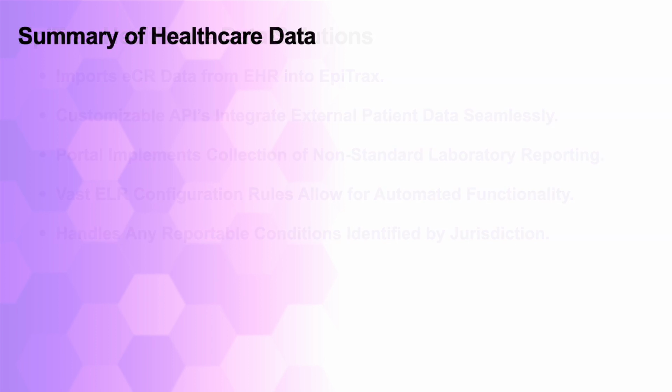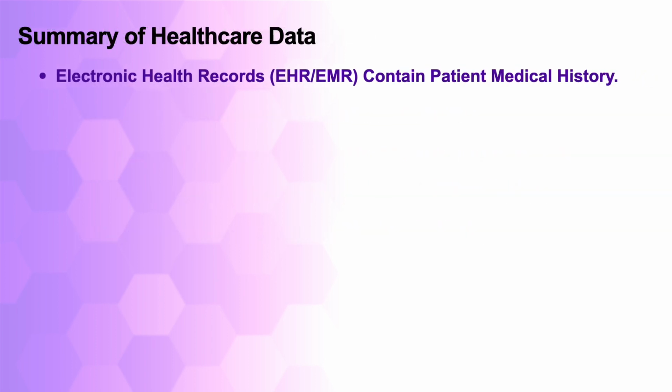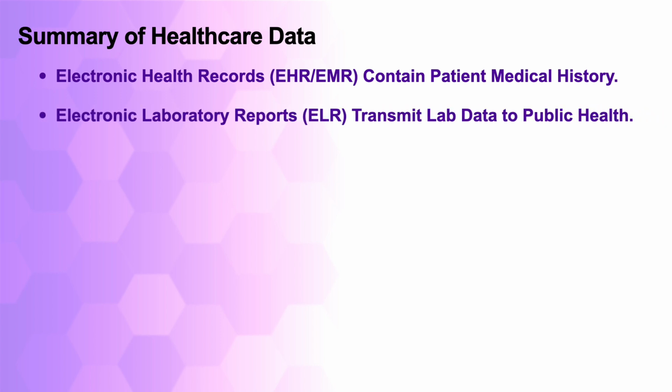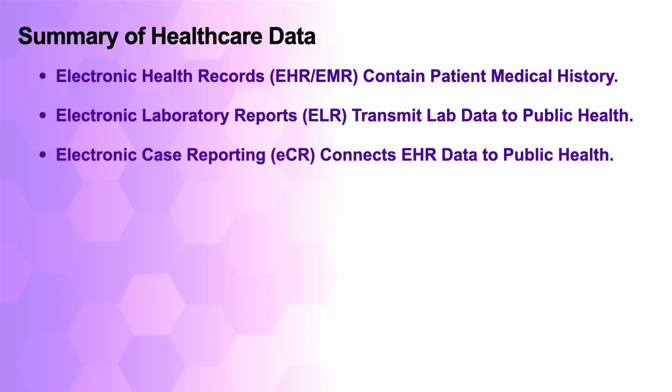In summary, this module has covered how electronic health records, also called EHR or EMR, contain information on a patient's medical history. Electronic lab reports, or ELRs, transmit lab data to public health agencies, while electronic case reports, or ECRs, exchange healthcare data between PHA and provider.